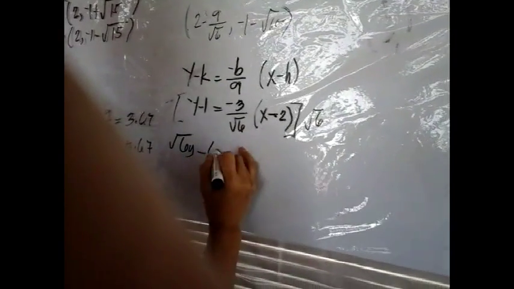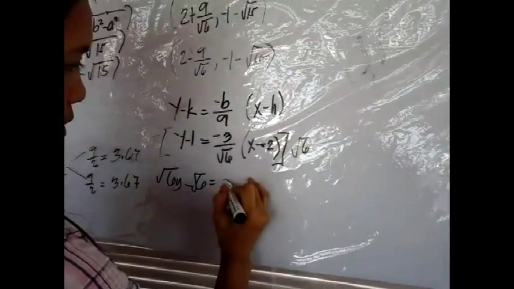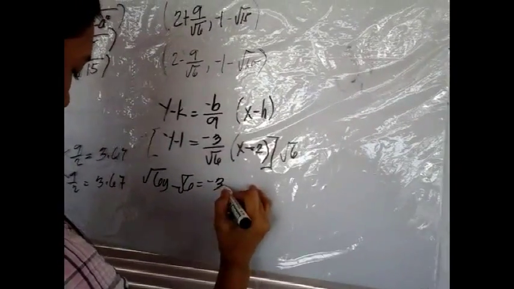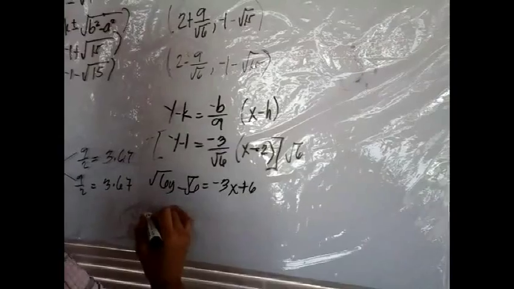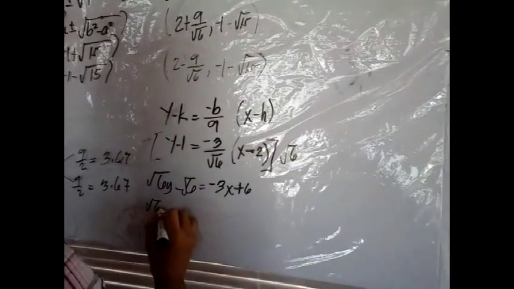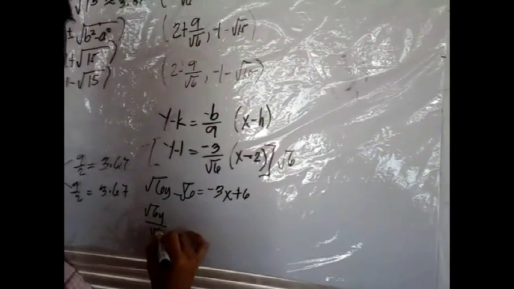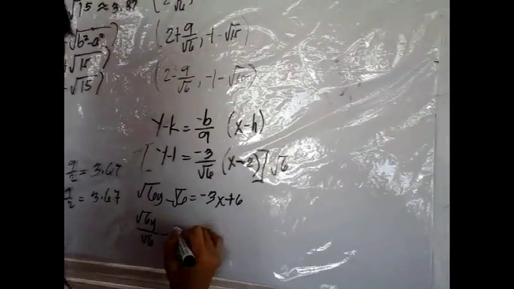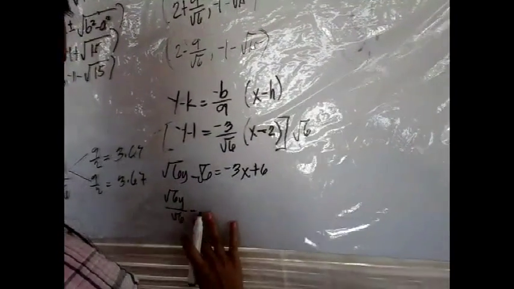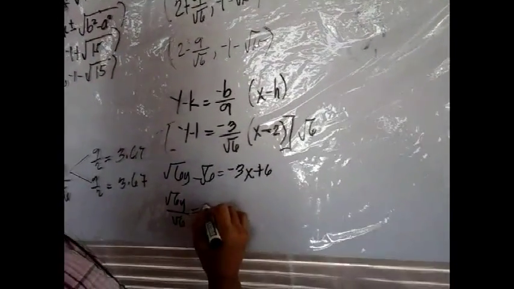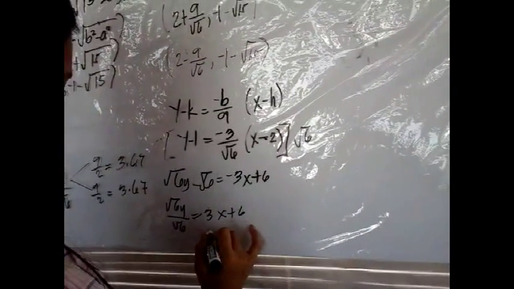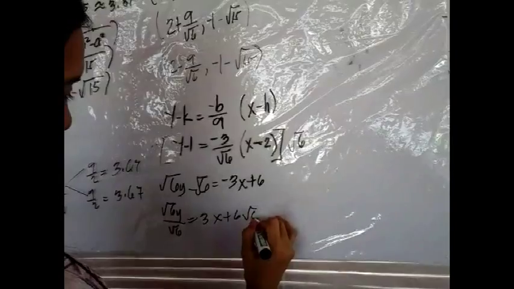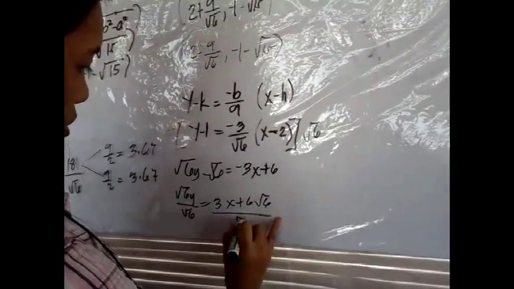y minus square root of 6 is equal to negative 3x plus 6. So we have square root of 6 y over square root of 6 equal to 3x plus 6 over square root of 6 over square root of 6.